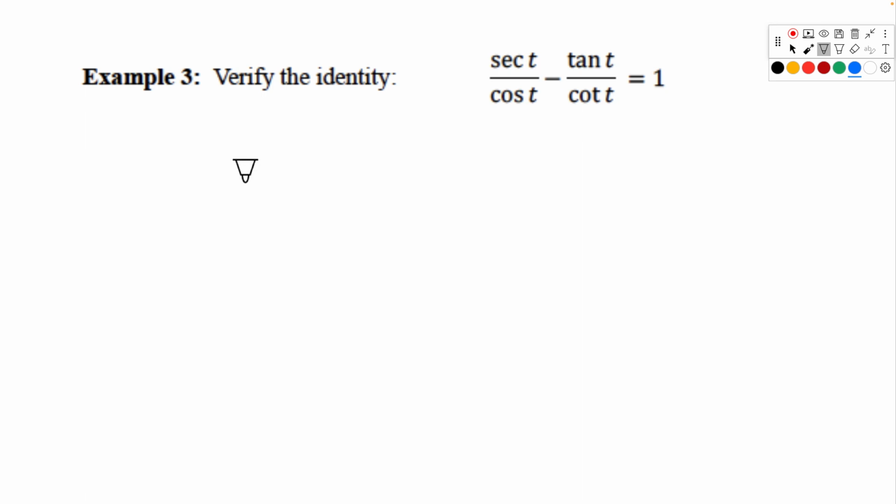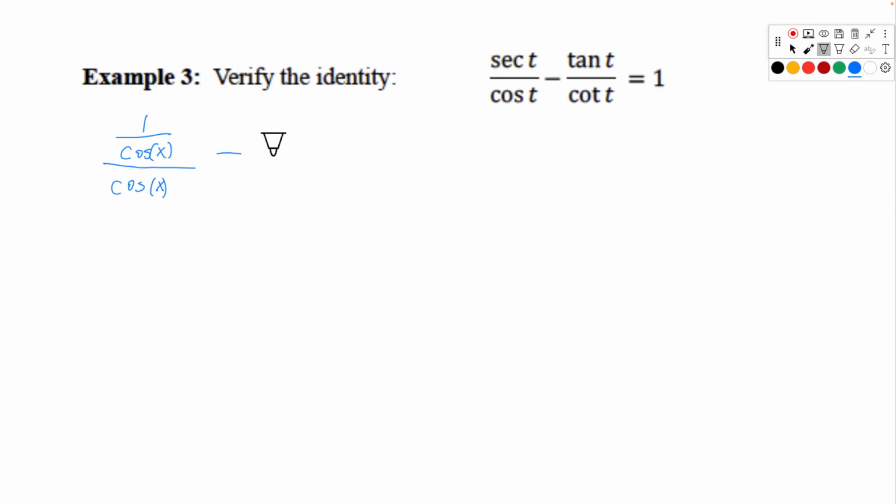So secant is 1 over cosine, right? I'm going to use x instead of t's because my t's look like plus signs and I get confused. And then this is over cosine x.